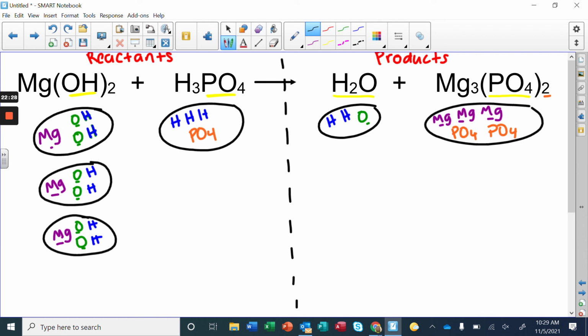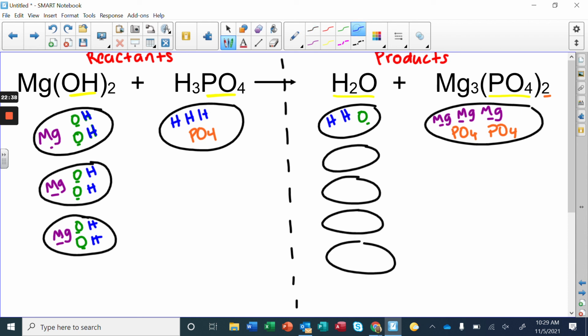To make them equal, if I have 1 versus 6, I need 5 more on my product side. So I'm going to draw 5 more bubbles. We have my H's. All right, so we are good.